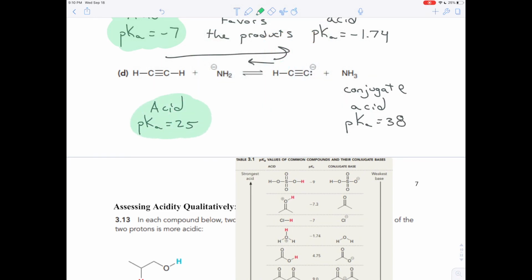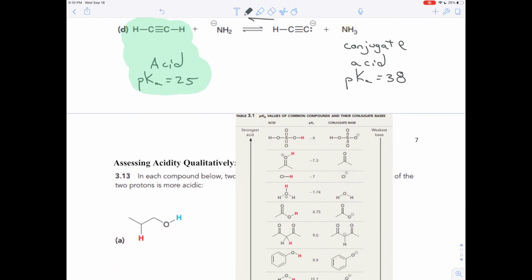So this molecule, 25 is smaller than 38, so that molecule is a stronger acid. Because that molecule is a stronger acid, it gives away its H more than the other gives away its H. So you get more products produced. So equilibrium favors products.